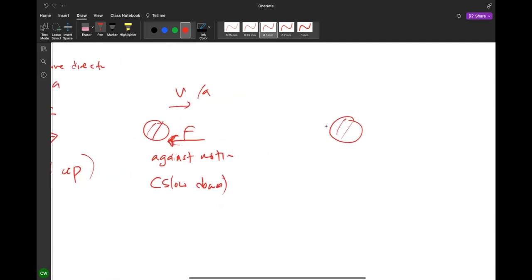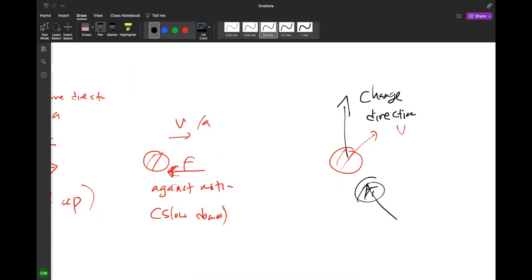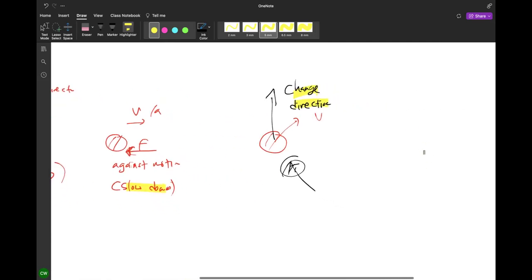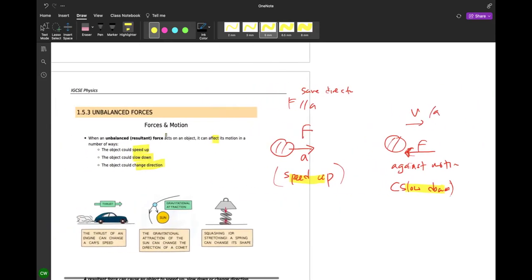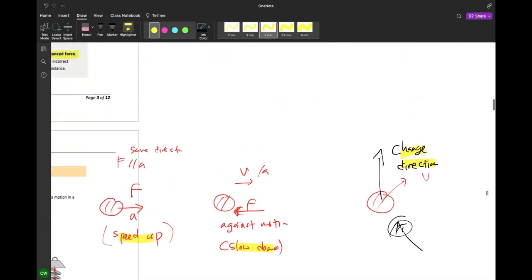If this car is moving this way, let's say there's another car colliding this way, 它被另外一个车撞，then maybe this car will be moving this way. 它就会改变方向了 change direction, 换方向。So that means the force can act three ways. 它有三种可能性：speed up, slow down, or change direction. Three things will happen.